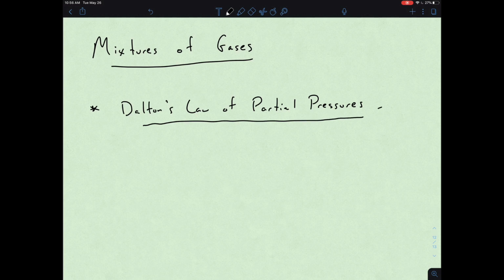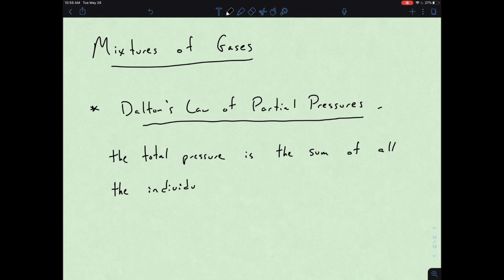And basically what Dalton expressed is that the total pressure is the sum of all the individual partial pressures of gases that makes up the mixture.